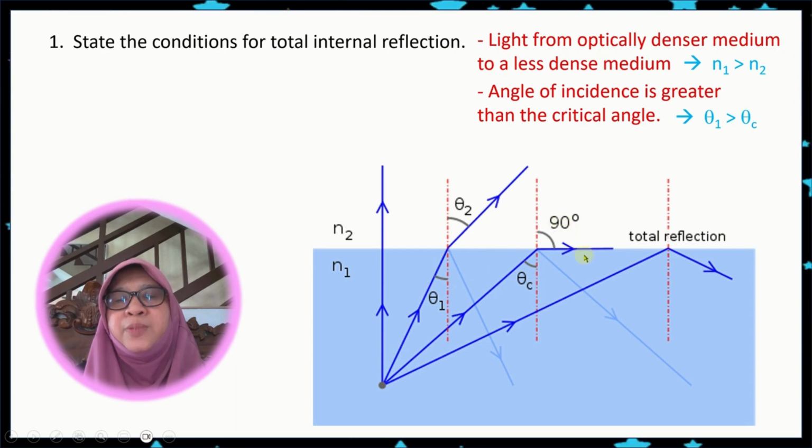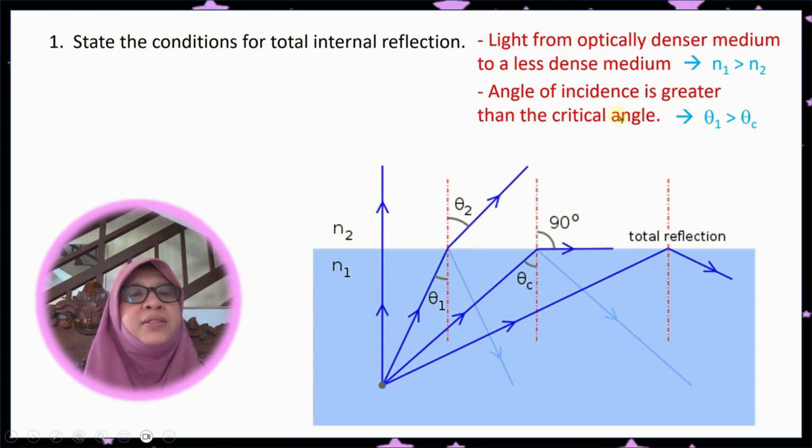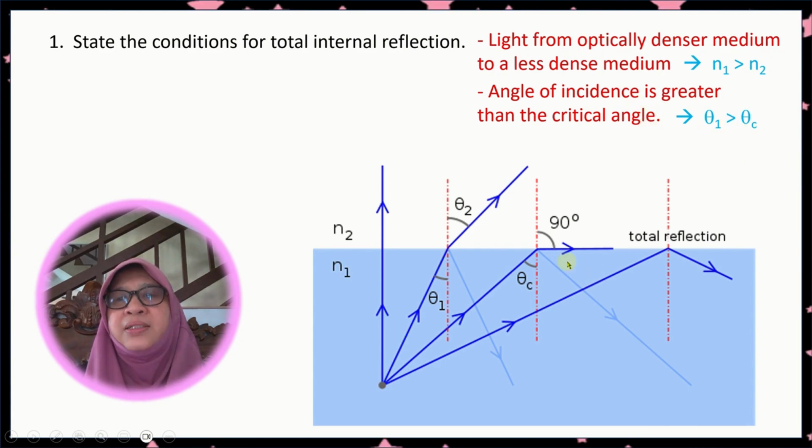At this point total internal reflection starts to occur. So that's the second condition for total internal reflection to occur: theta 1 larger than theta C, the critical angle.